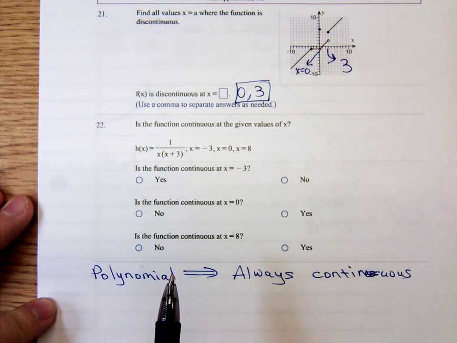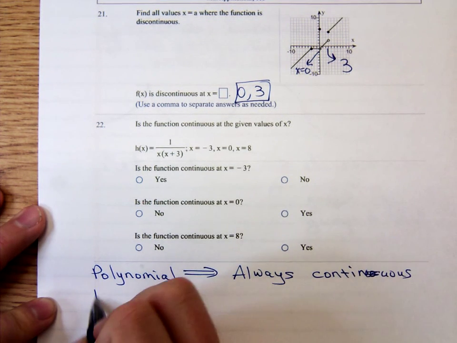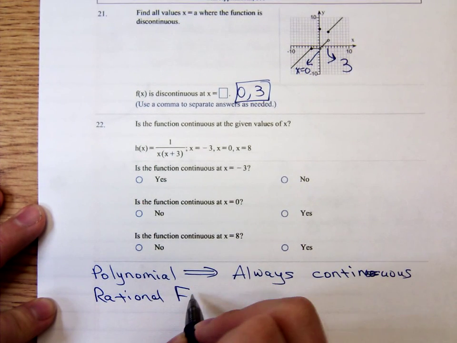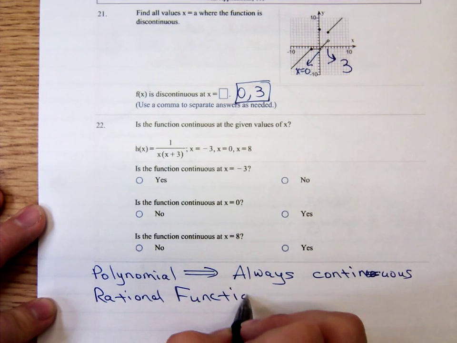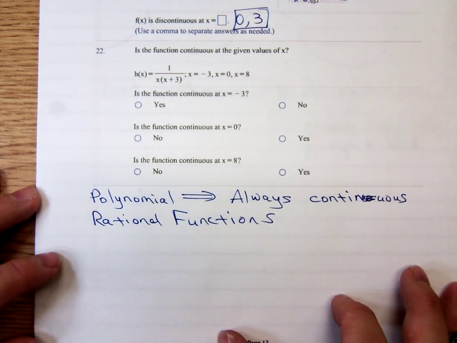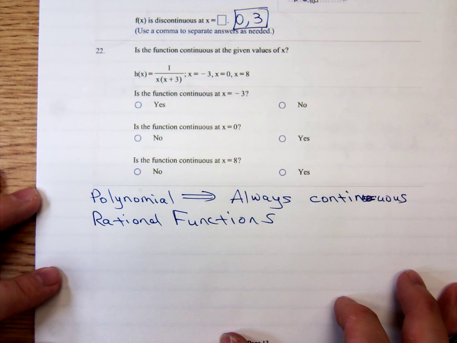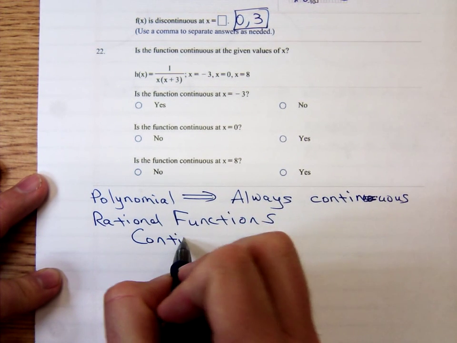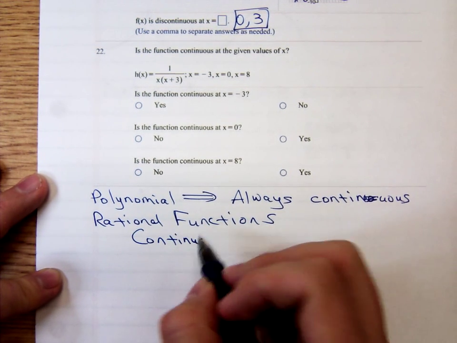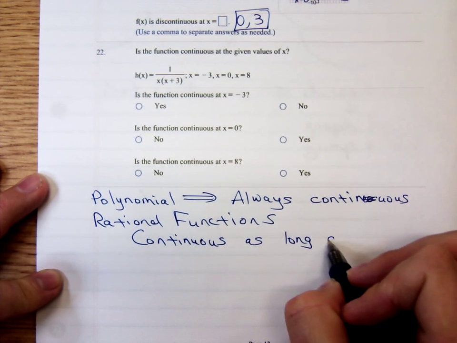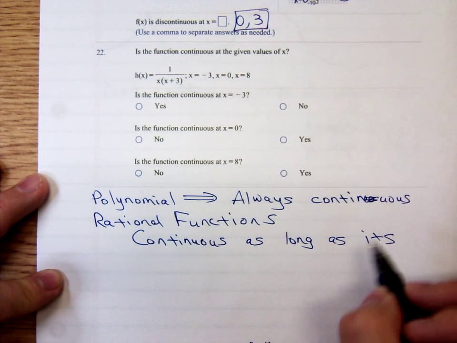But the key is for rational functions, they're continuous as long as they're defined. Well, a fraction's defined as long as its denominator isn't 0. So a rational function is continuous as long as its denominator is not equal to 0.